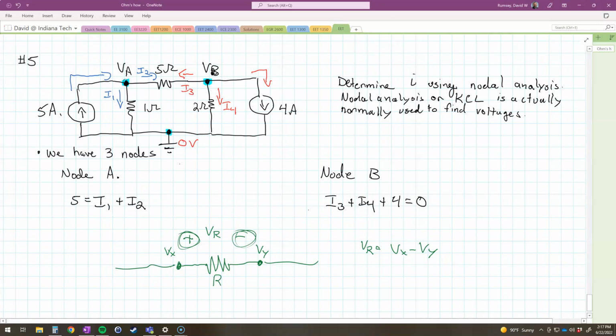Our Ohm's law is going to be, and I'll put it in parentheses here, and I'll draw my current. I'll just call this I. It'll be Vx minus Vy, because that's my voltage across the resistor, is equal to my current times my resistance, which is really going to be the important equation that we're going to use a lot.